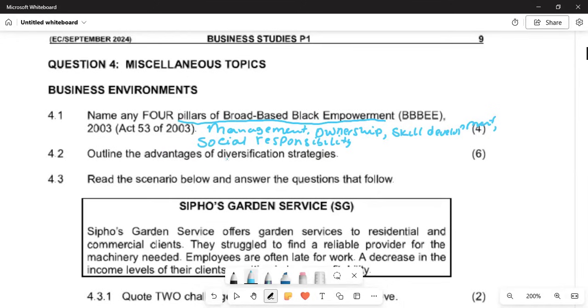Outline the advantages of diversification strategies. When we diversify this way, there is going to be an increase in sales, increased sales or income, and business growth.